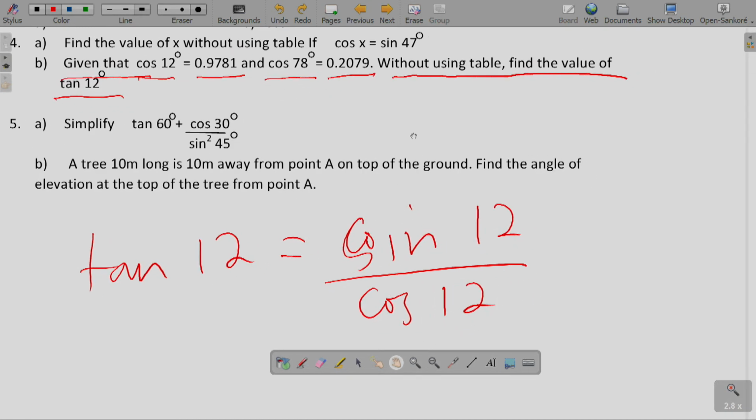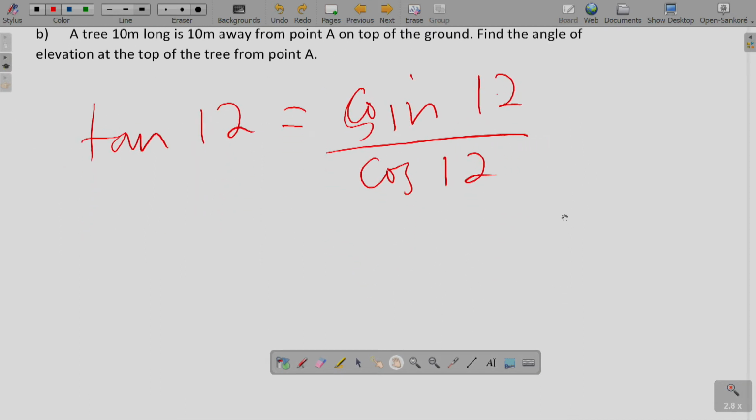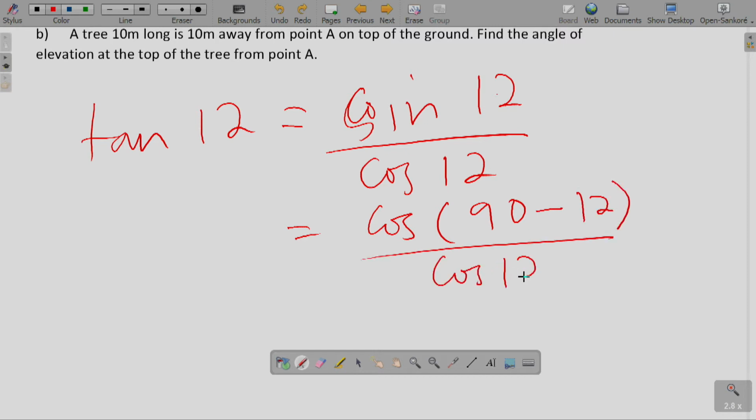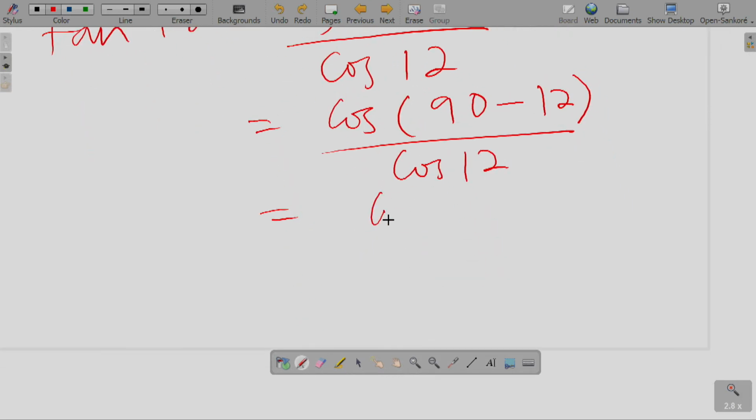But here we have the value of cos 12 and cos 78. We haven't the value of sine 12. So let's convert this sine into cos. So here if we write cos, here we write 90 minus 12, and here over cos 12, this is equal to cos of 78 over cos of 12.